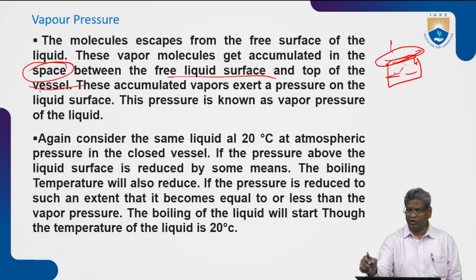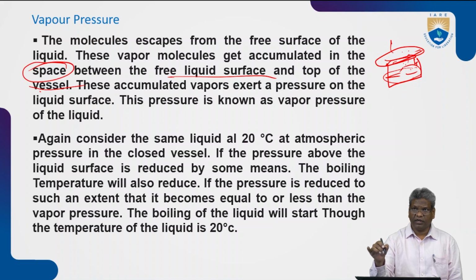Suppose if you are not keeping this plate, the vapor will go into the atmosphere. But if you are keeping some plate, this vapor is again accumulated in between the plate and the container, which carries some dal or rice inside.